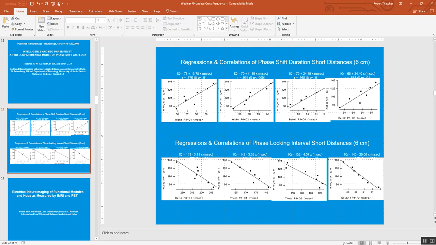So a very efficient brain is somewhere around 200 milliseconds of phase lock, and not too long. If it's too long, then there's less flexibility and less resource available at the next instant of time. So the more efficient brain is one that recruits a large number of neurons, then has that synchronous group mediate a given function for a minimal amount of time.